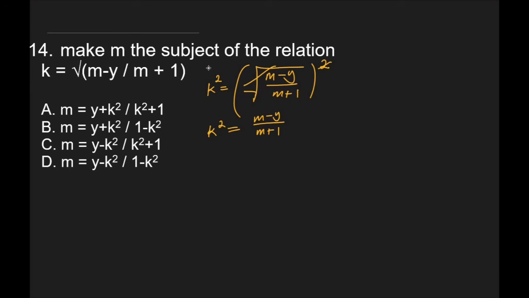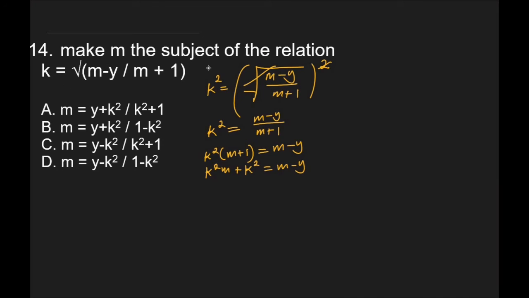Now cross multiply, you have k squared times m plus 1 equal to m minus y. To open this bracket, you multiply k squared by m and also k squared times 1 is just k squared equal to m minus y.